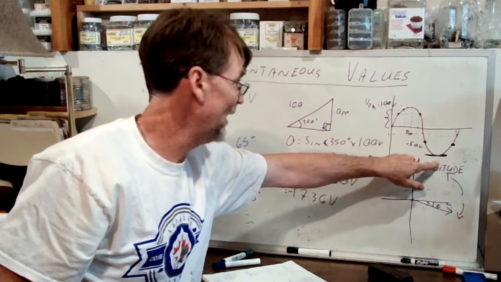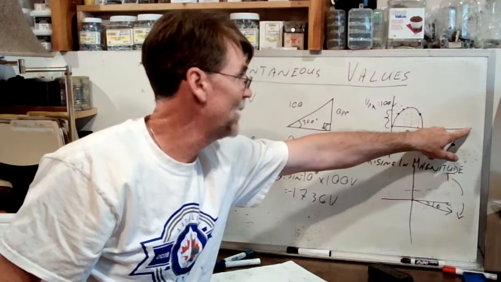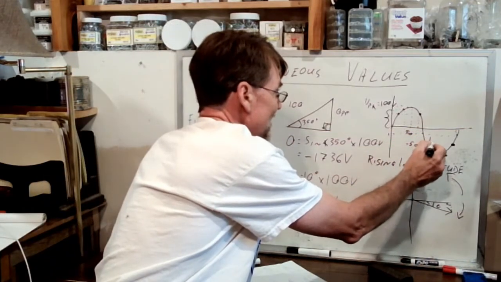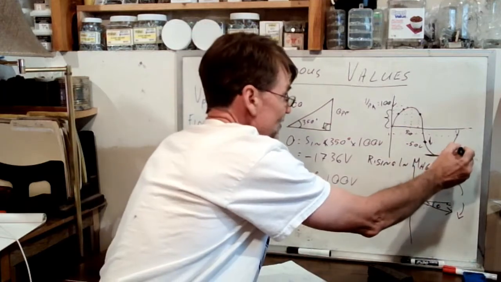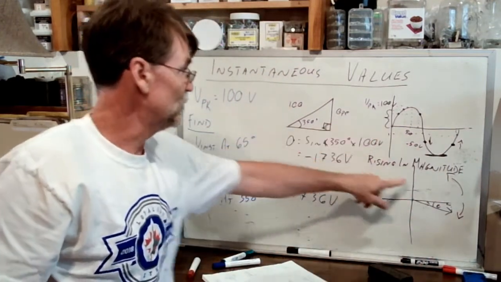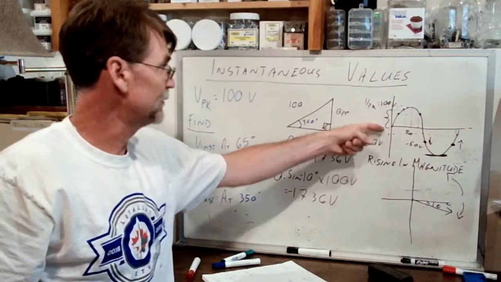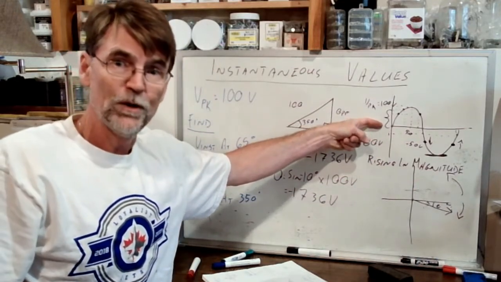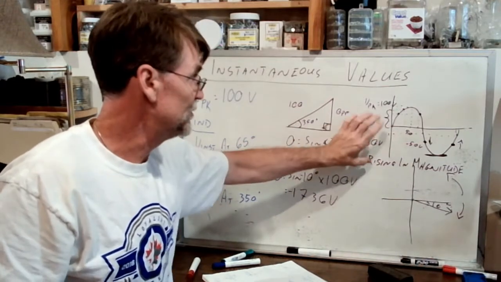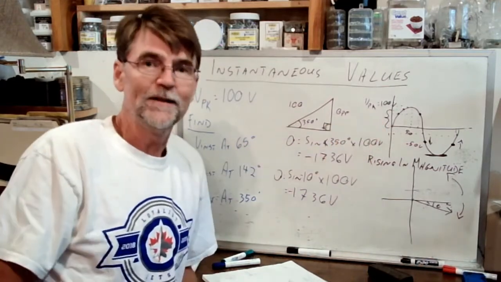Falling away from its peak, falling back towards 0. So this is actually a rising value, and this is actually a falling value, because it's an issue of the magnitude away from the 0 volts. So that's the one other detail that's going to be necessary for you to be comfortable with as you get into the exercise sheets.